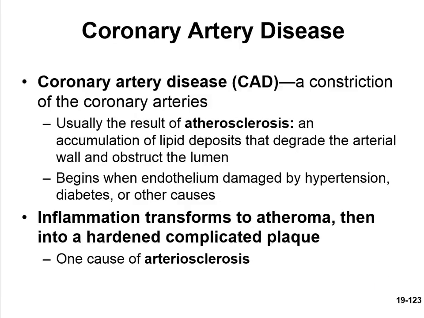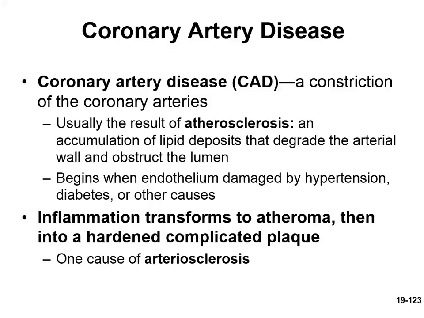Coronary artery disease can be one problem associated with this. That's a constriction of the coronary arteries, usually a result of stuff building up in the arteries of the heart. That's called atherosclerosis. It's an accumulation of lipid deposits that degrade the arterial wall and then obstruct the lumen.